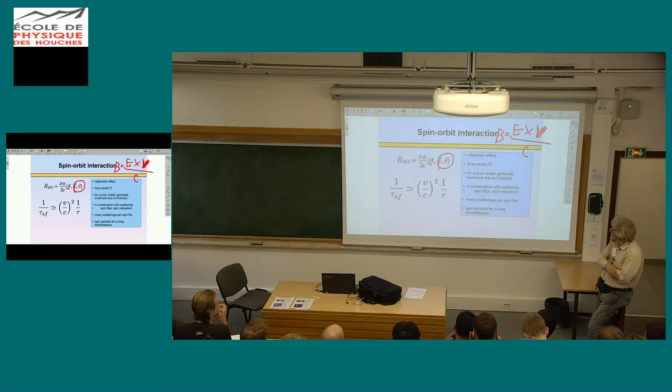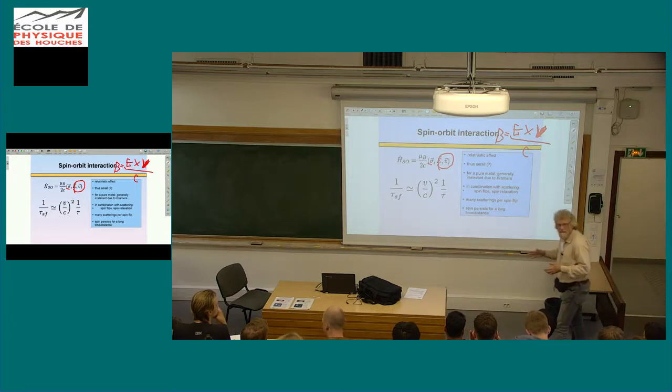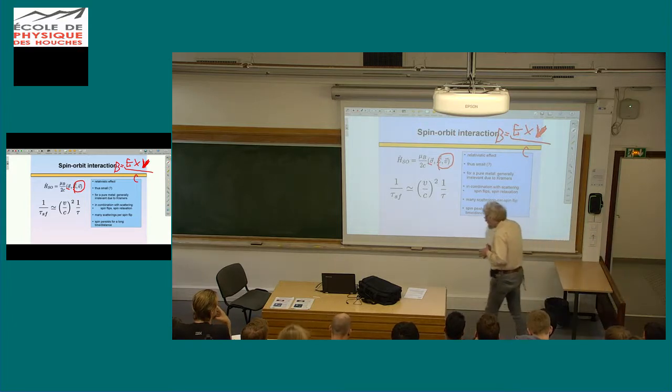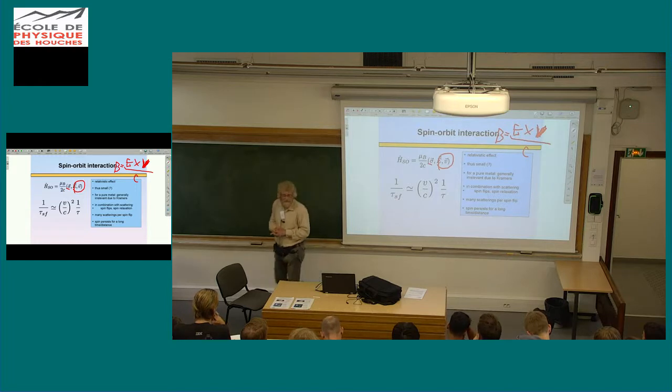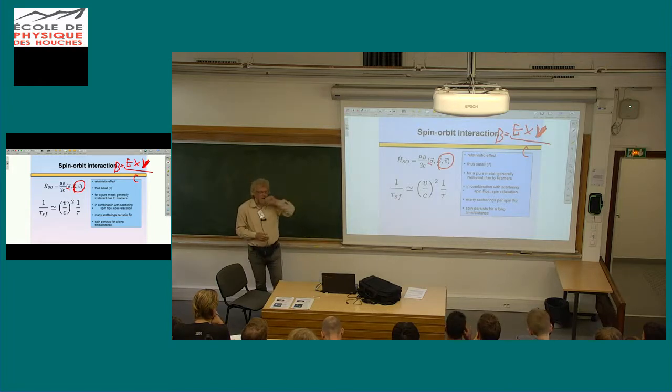Like in aluminum with the usual impurities, it would be like 10 to the 4 scatterings at impurities to achieve the single spin flip event. All right, that's what we want to know about spin-orbit interaction in normal metal.